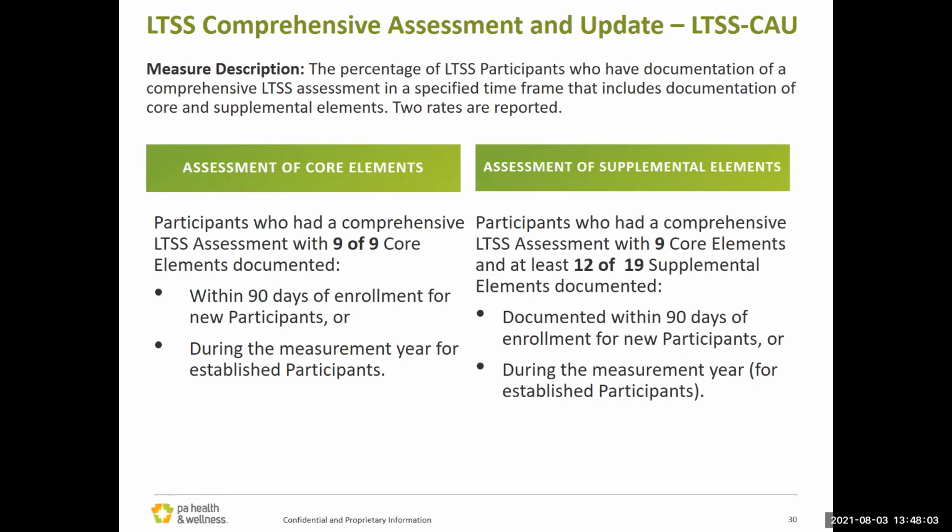So on the supplemental elements, you'll see here the participants who had a comprehensive LTSS assessment with the 9 core, so here's your base for the measure, 9 core elements, plus at least 12 of the 19 supplemental elements documented. Again, documented within 90 days of enrollment for new and during the measurement year for established. Okay, next slide.